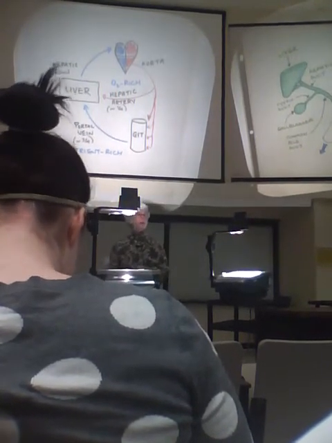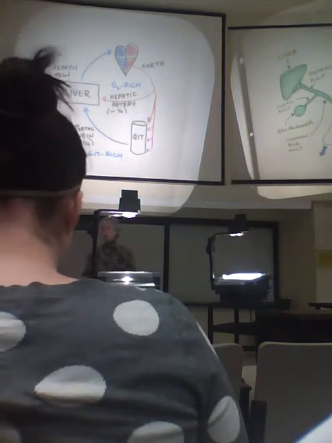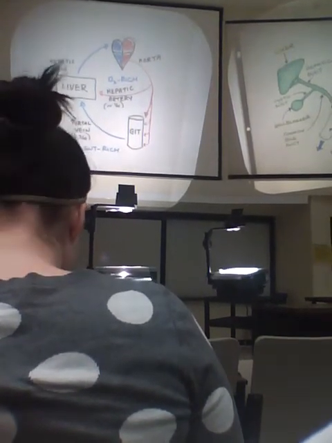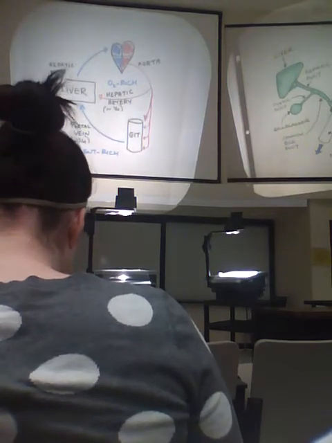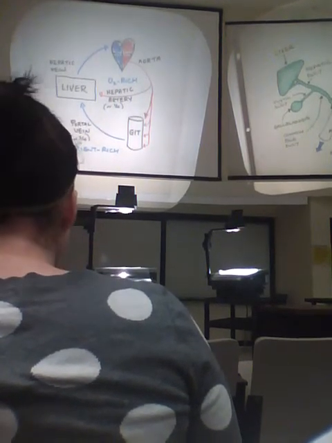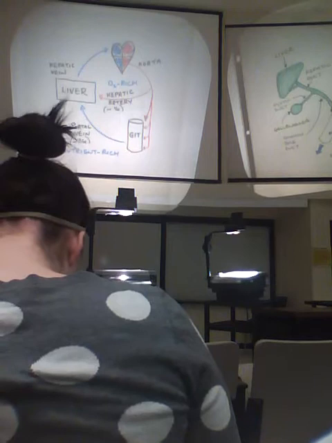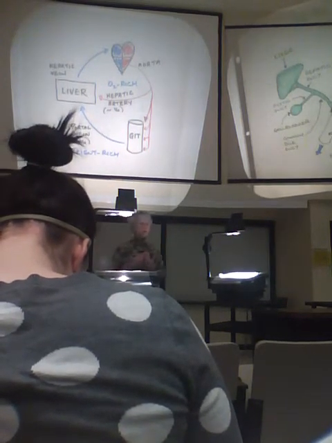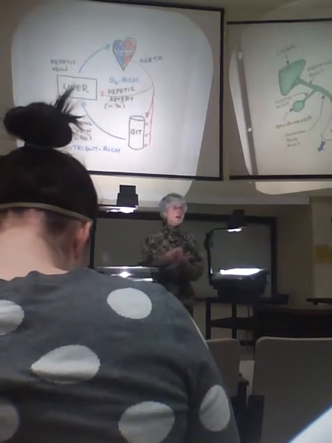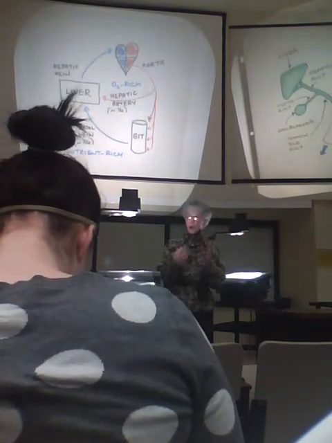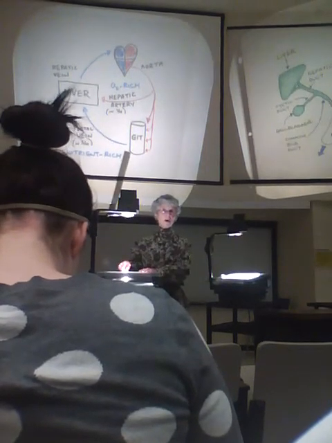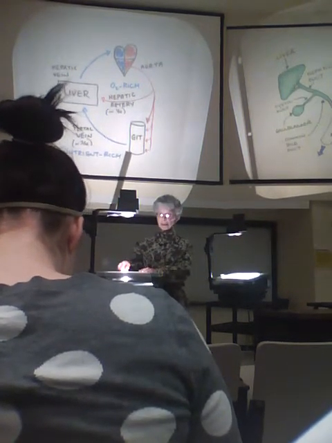Many of the substances that are absorbed from the small intestine pass into the portal vein, and so they're delivered first to the liver before they go anywhere else. So the liver has first go, if you like, at dealing with substances that are absorbed largely from the small intestine.